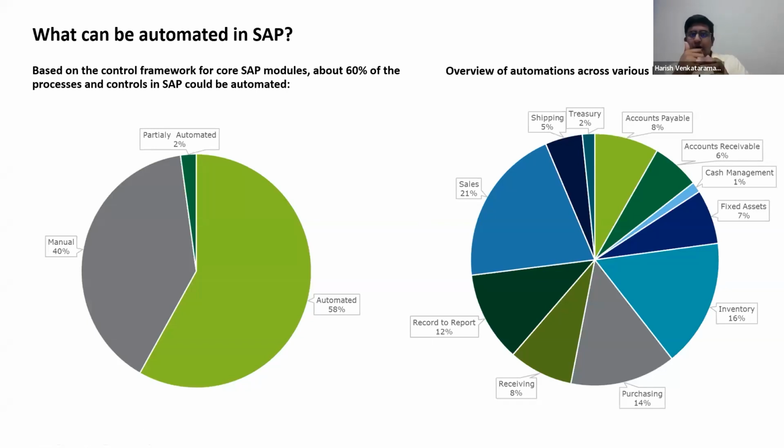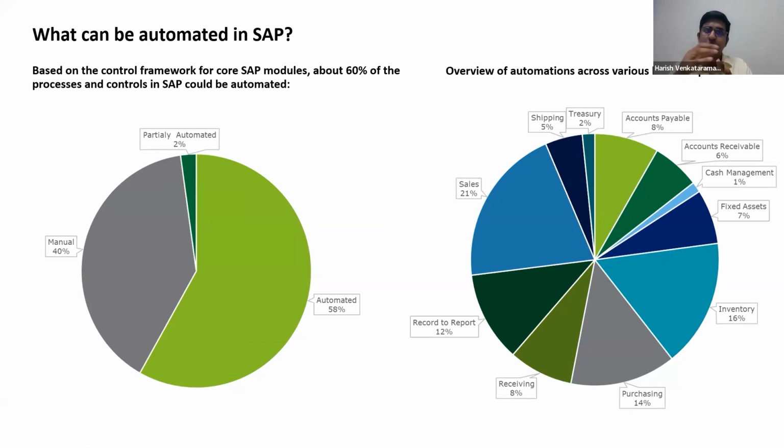And before that, while we are looking at various automations in SAP, and this is at a very high level, this is a quick slide that would talk about the controls that potentially could be automated in SAP. While SAP offers various customizations from organization to organization, there are about 60% of the controls that can still be automated in SAP.